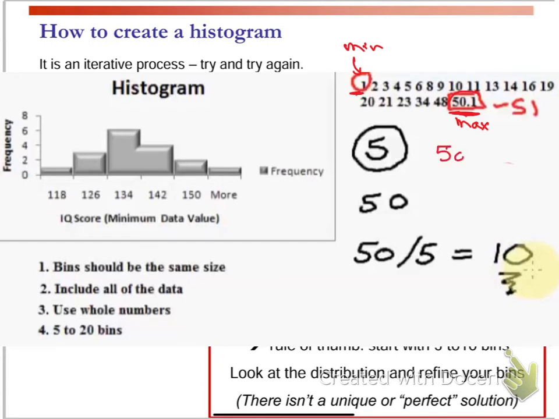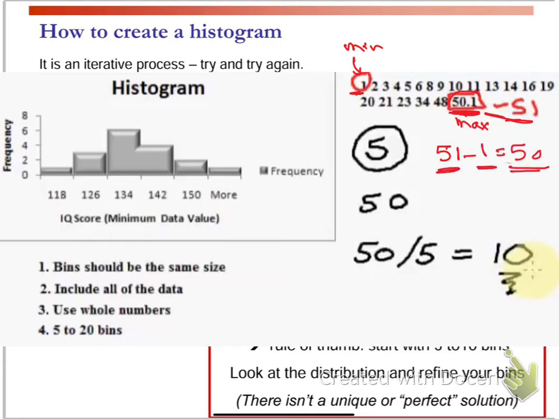As I said, I should use whole numbers only. If I say 50.1 minus 1, it will give me a decimal. So better to round it up, not only round it to the nearest one, but increase it, okay? So I write 51 instead of 50.1. 51 minus 1 equals 50.